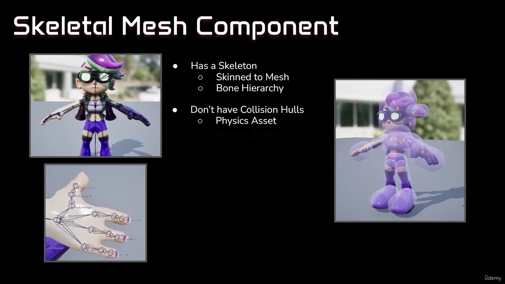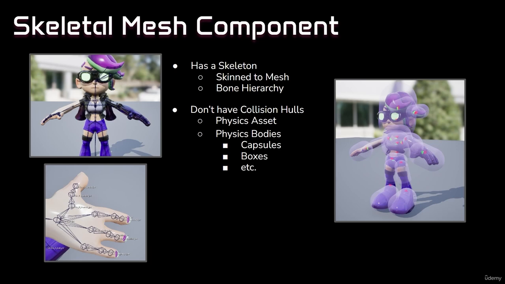We call these shapes physics bodies, and they can come in the form of simple shapes, such as capsules and boxes, etc. This allows for the mesh to move around in the world and animate, and those physics bodies will move along with that skeleton, allowing for a more dynamically moving set of collision shapes.